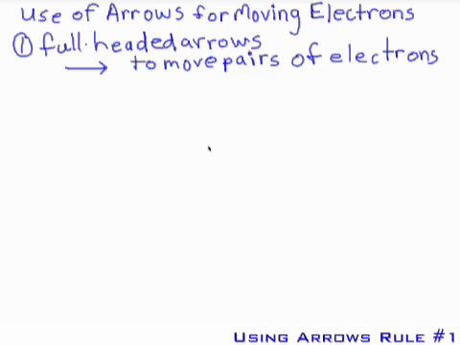So, for example, if I have a molecule like this, I can take these pi electrons and move them over here with a full-headed arrow.